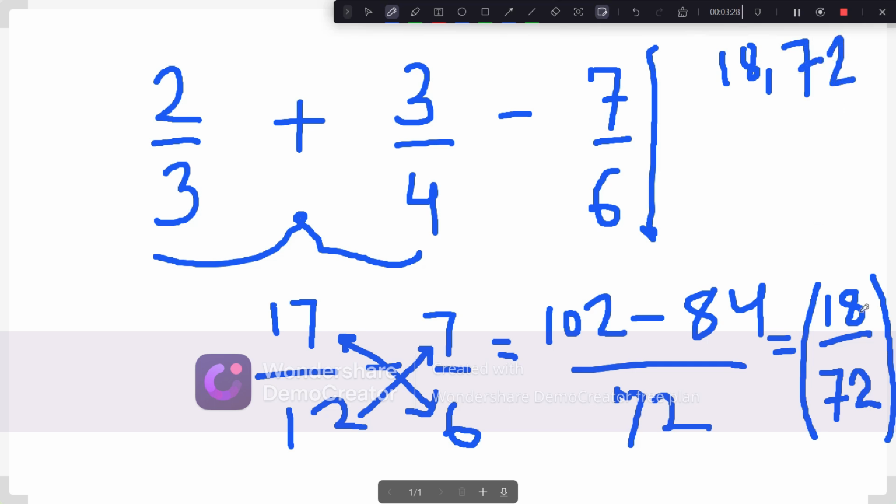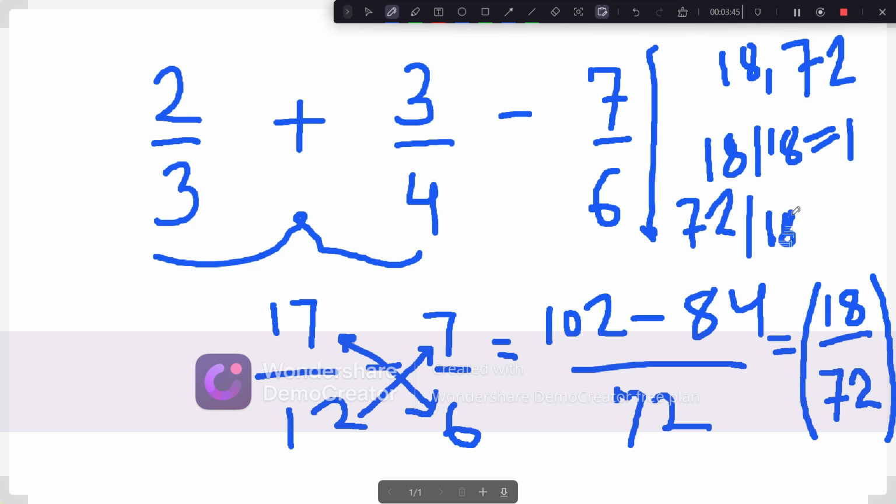So 18 divided by the GCD 18 gives 1, and 72 divided by the GCD 18 gives 4. So our answer would be 1 divided by 4. I gave this solution because this would be our code approach as well.